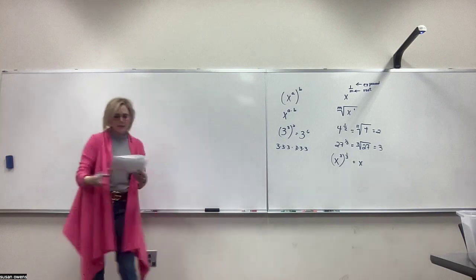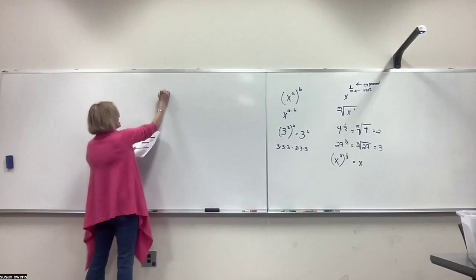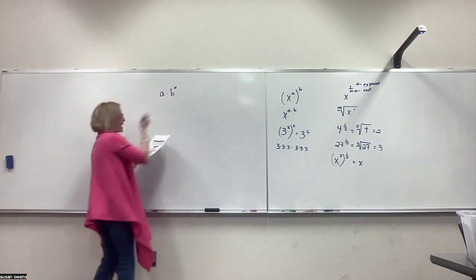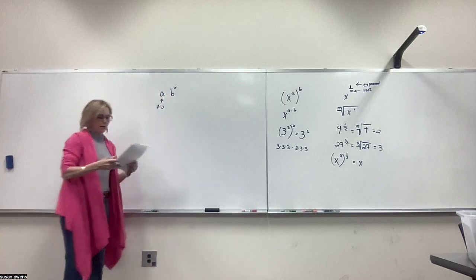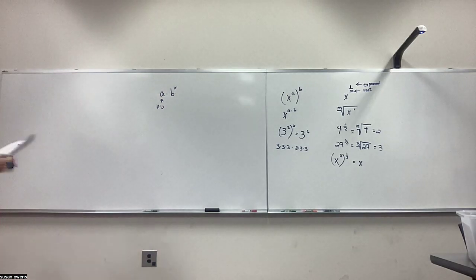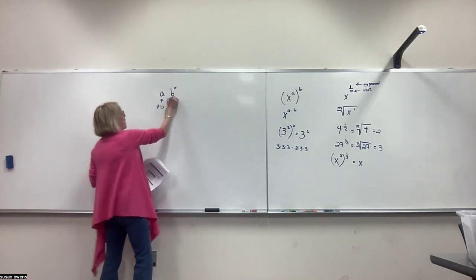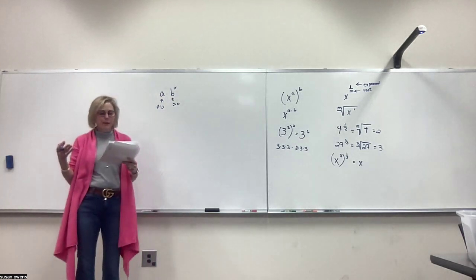All right. An exponential function has the form of a times b to the x. Okay. This a is never going to equal 0. It could equal 1. And b, this number, is always going to be greater than 0. It's always going to be a positive b.